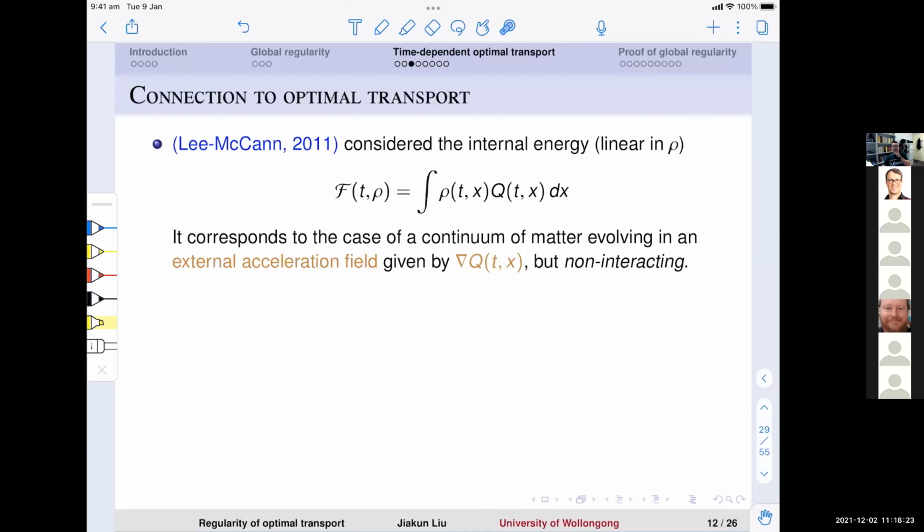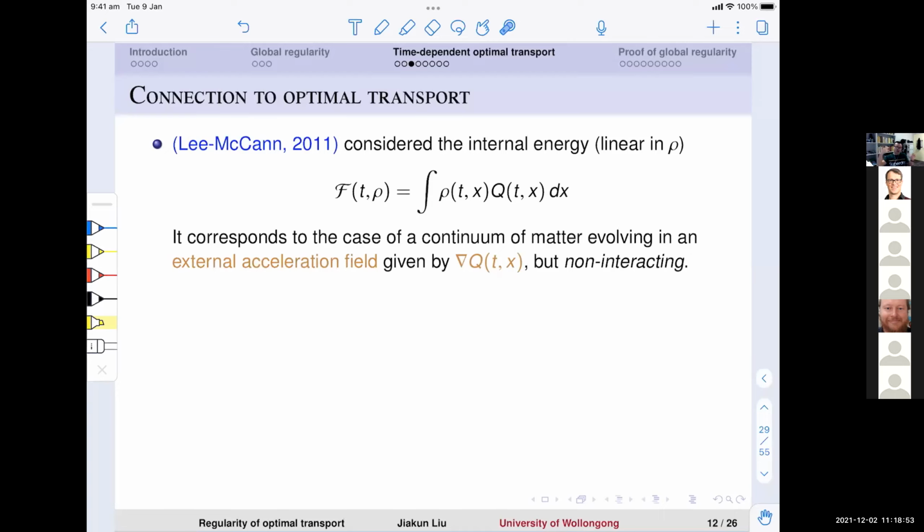This problem was also studied in the past by Paul Lee and Robert McCann in 2011. What they considered is the energy given by the integration of the density rho multiplied by a function q. The physical meaning of the function q is that when the matter is evolving, it has an external acceleration field, which is given by the gradient of q.